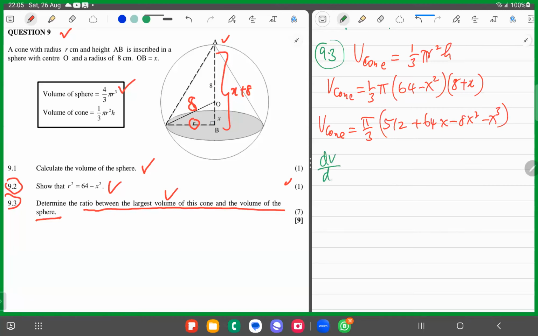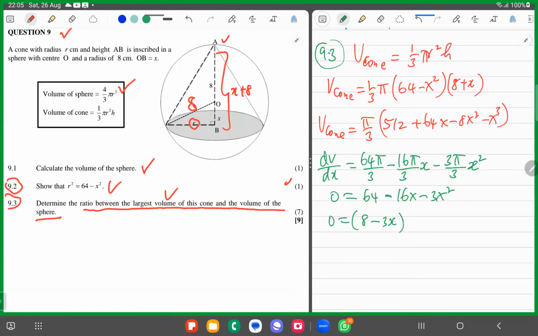The derivative with respect to x is 64 pi over 3 minus 16 pi x over 3 minus pi x squared. Set it equal to 0: 0 is equal to 64 minus 16x minus 3x squared, which is 8 minus 3x into x plus 8, which means x is equal to 8 over 3, or x equals minus 8.